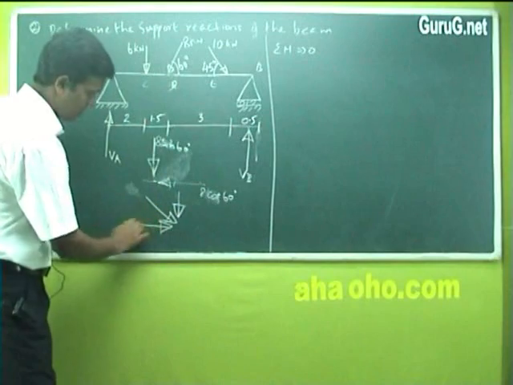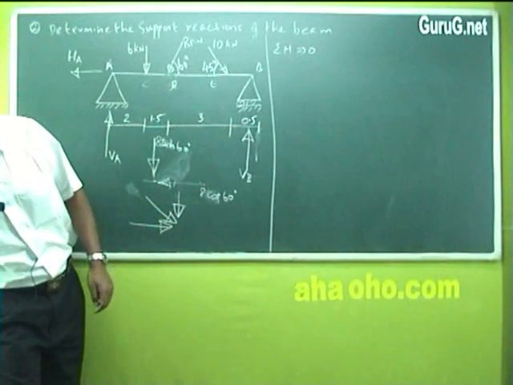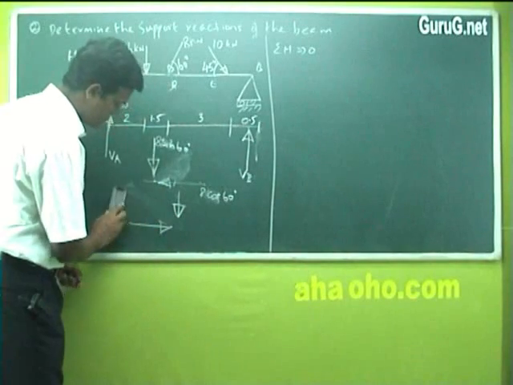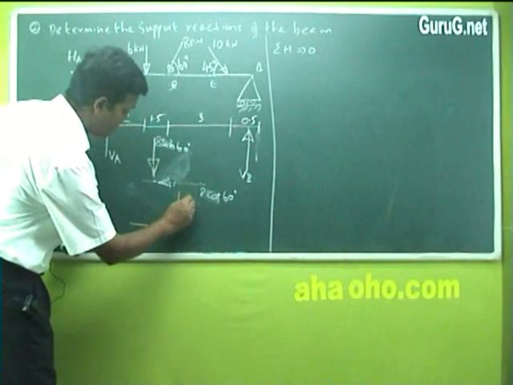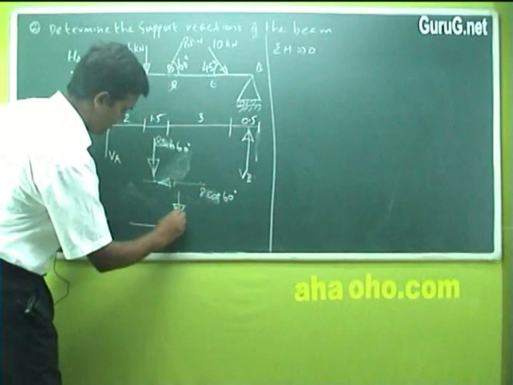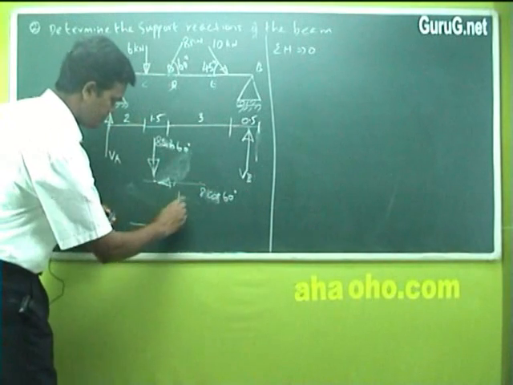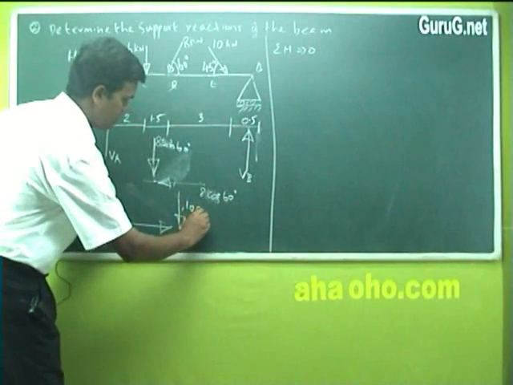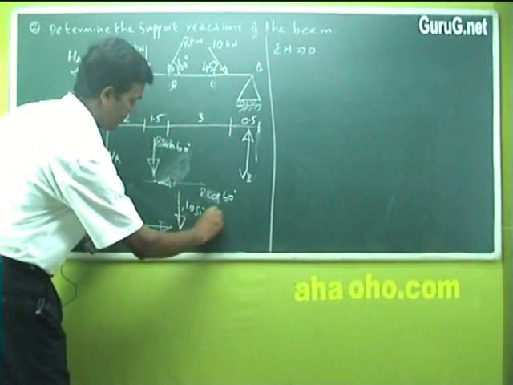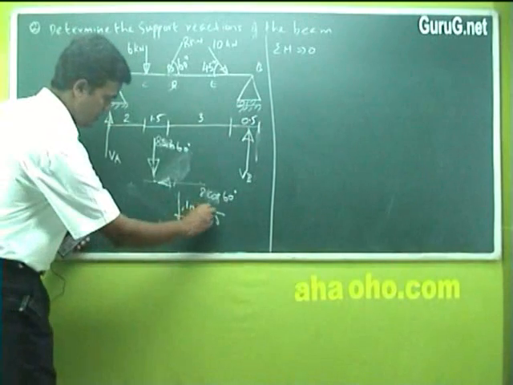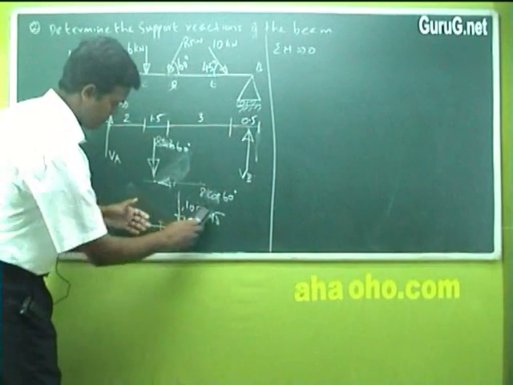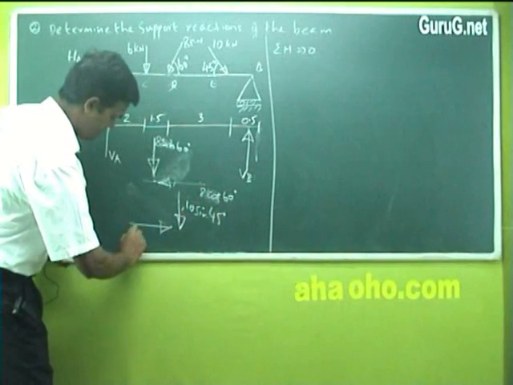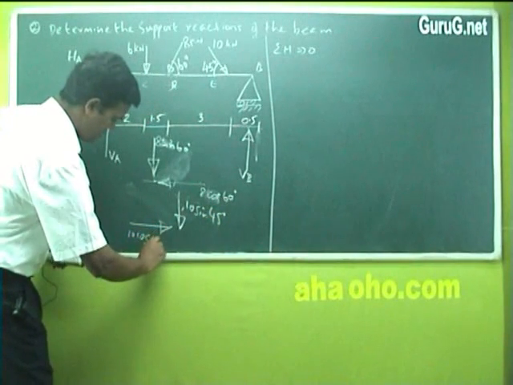So I will indicate this is your 10 sin 45, and this is 10 cos 45.